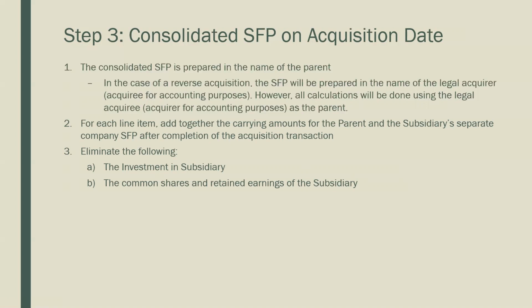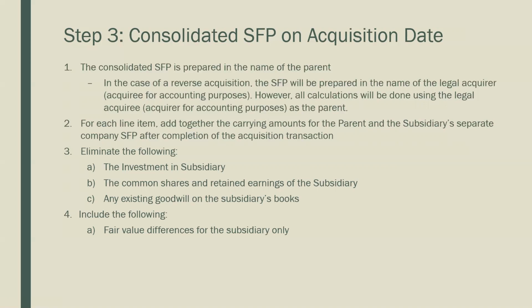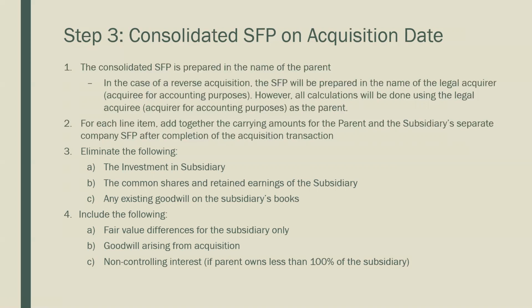We will eliminate the common shares and retained earnings of the subsidiary company, along with any existing goodwill on the books of the subsidiary company. And we must include fair value differences for the subsidiary company alone. We must include any goodwill arising from the acquisition calculated in step 2, and non-controlling interest where the parent company owns less than 100% of the subsidiary.